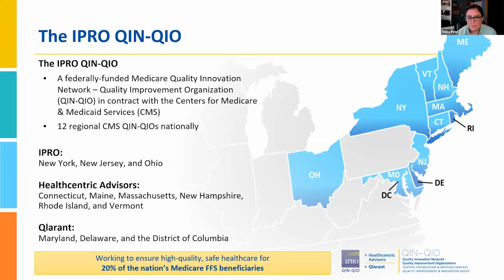For those of you who aren't familiar with us, there are three QIOs that work on this project: iPro in New York, New Jersey, and Ohio, and HealthCentric in Connecticut, Maine, Massachusetts, New Hampshire, Rhode Island, and Vermont. That's the longest one to say, in one breath. Clarent is Maryland, Delaware, and the District of Columbia.